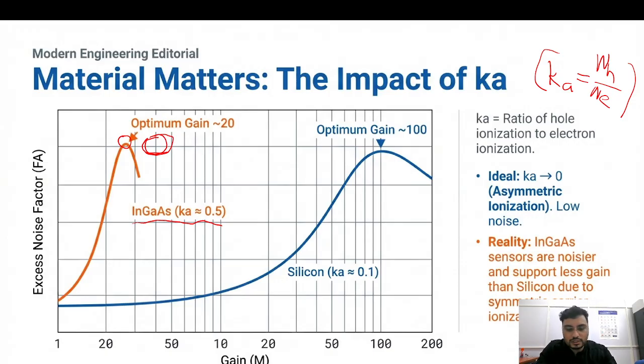But if you are talking about silicon, the Ka is 0.1, and the optimum gain we are getting is 100, and it can be a little bit more if you are optimizing properly. Then how is the impact of Ka affecting the total gain, or reducing the noise?